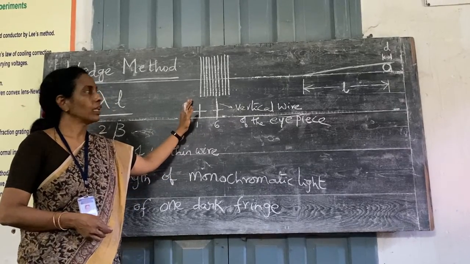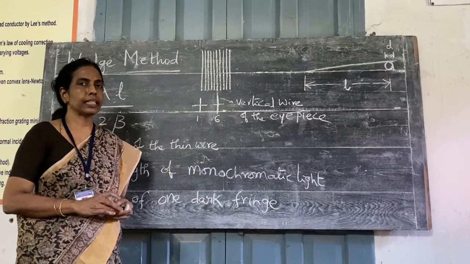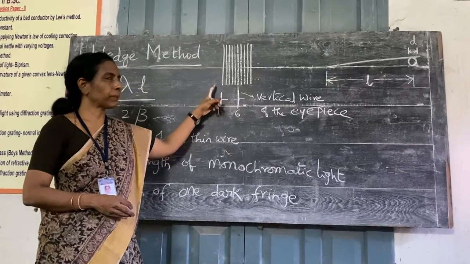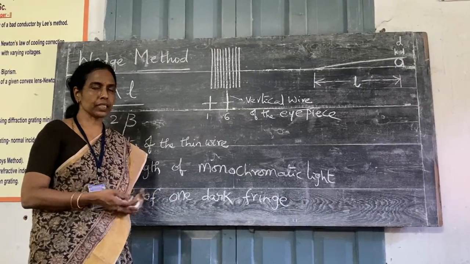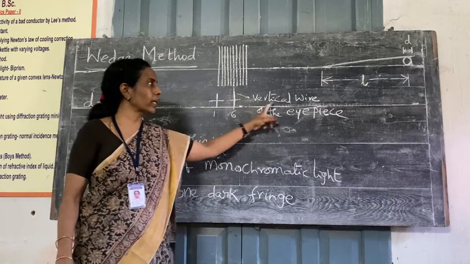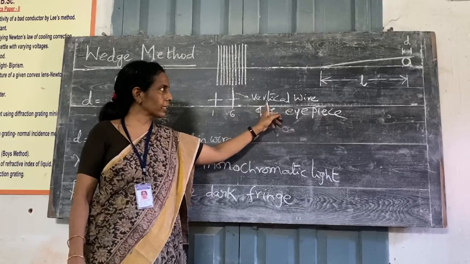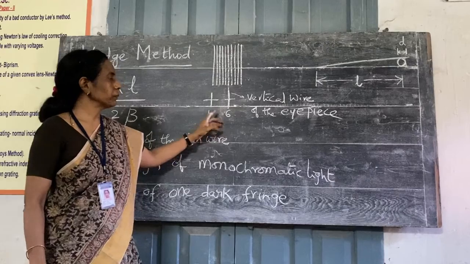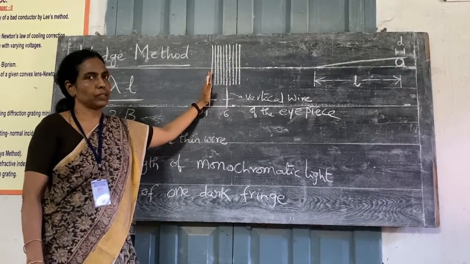Getting the dark and bright fringes from the wedge-shaped arrangement, we will note the observations of the bright fringes by using the horizontal scale of the travelling microscope. First of all, we adjust the vertical wire of the eyepiece of the travelling microscope to the bright fringe.